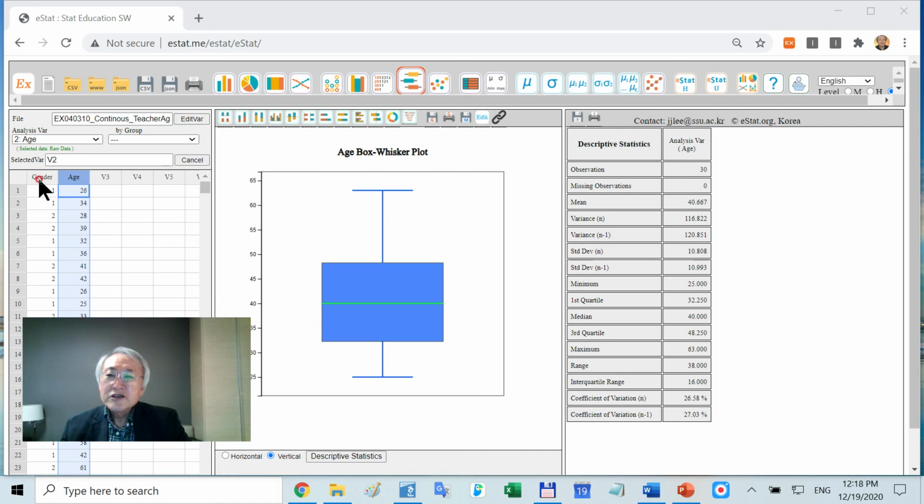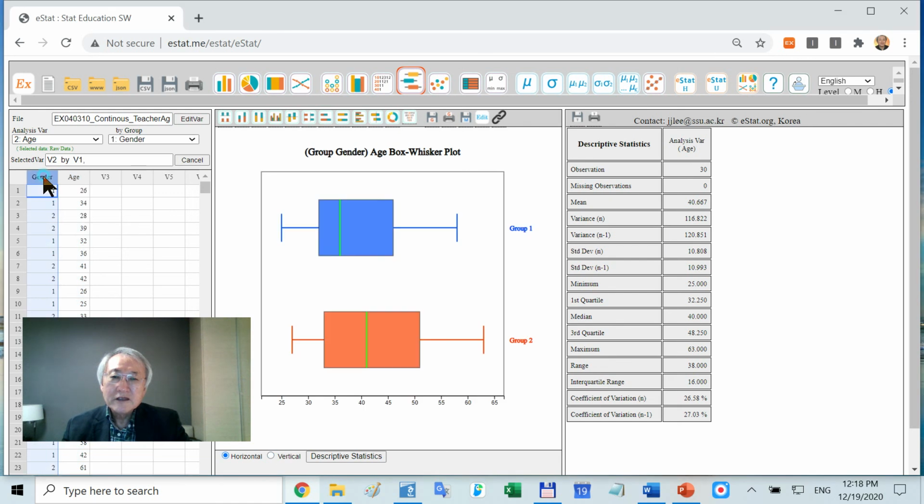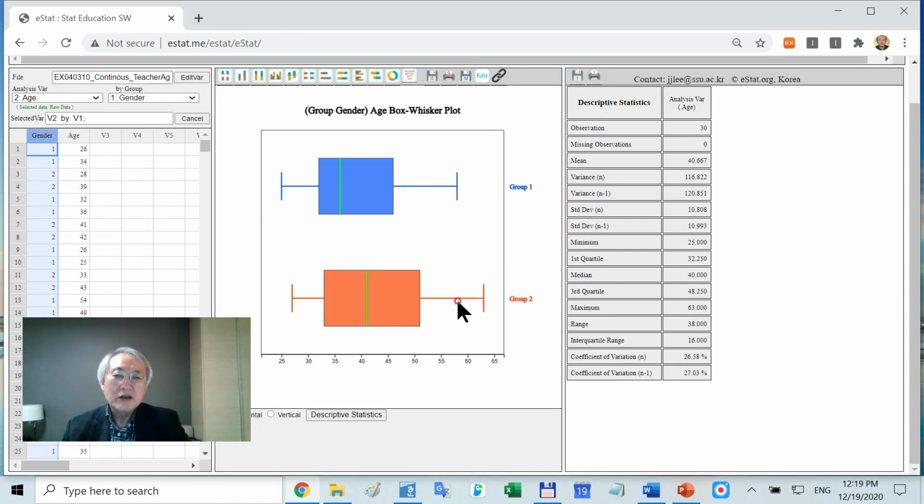Suppose there is a group variable like this. I mean, teachers can be divided into male and female. Then you click this one. Clicking means selecting the group variable. Click this one. They will plot box plots to compare two populations easily. What's the idea? This is the main body.